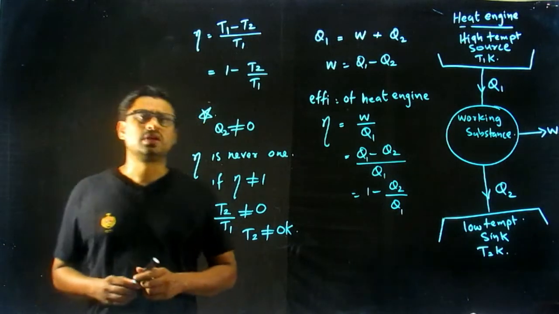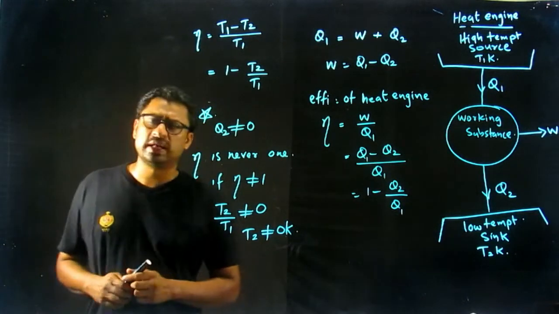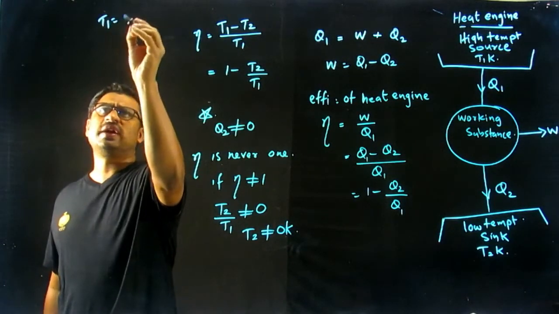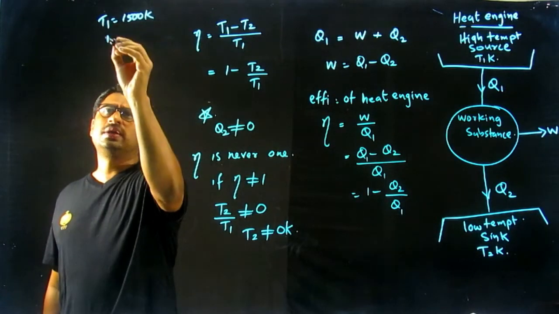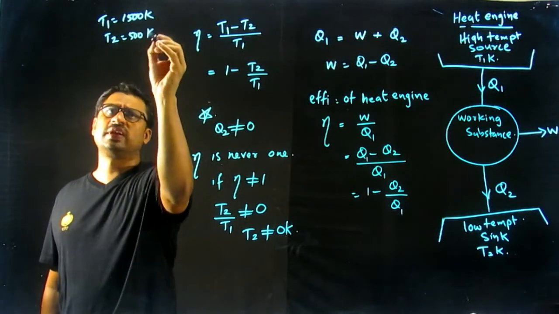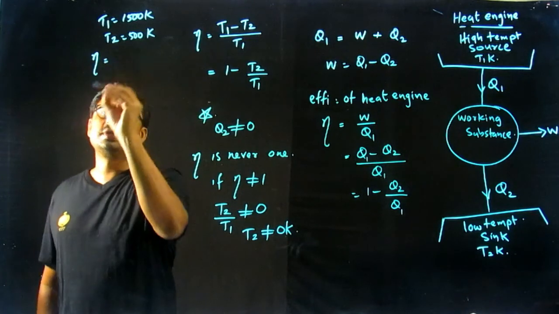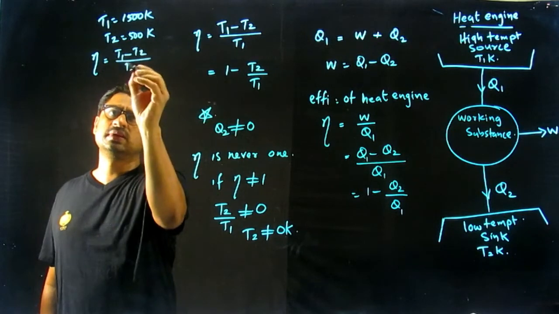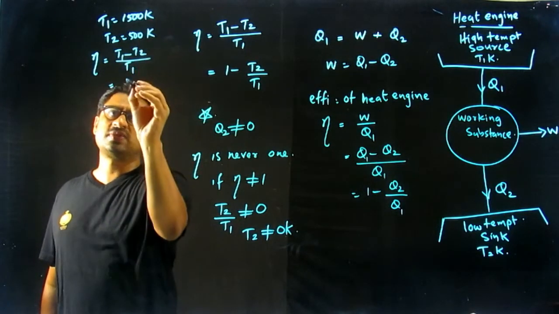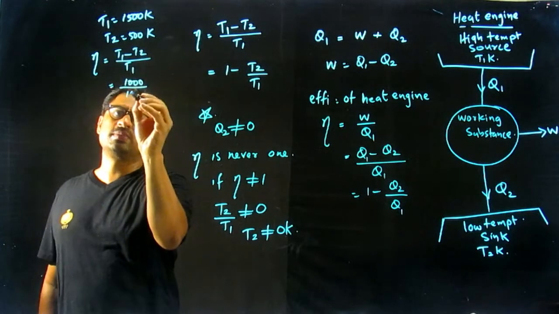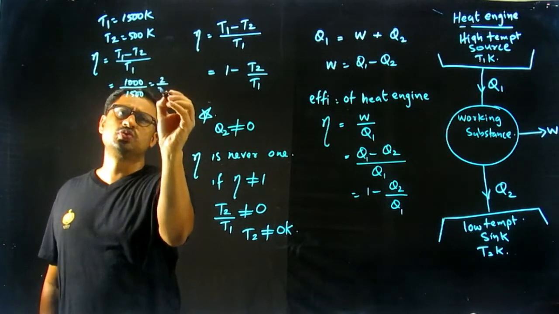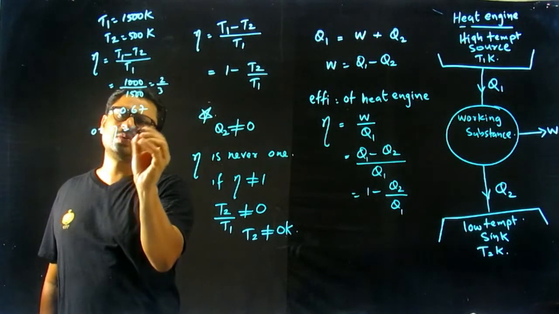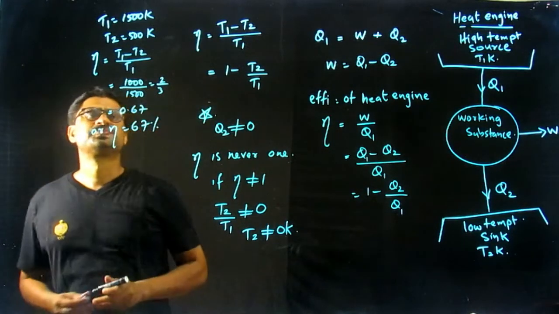Now, if I say one example like T1 equal to 1500 Kelvin and T2 equal to 500 Kelvin, say, for example, what are you expecting the efficiency to be? It is (T1 minus T2) by T1, that is 1500 minus 500 which is 1000, divided by 1500, that will be 2 by 3, that is equal to 0.67, or efficiency is equal to 67%.